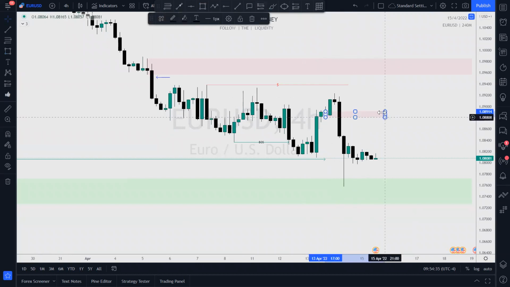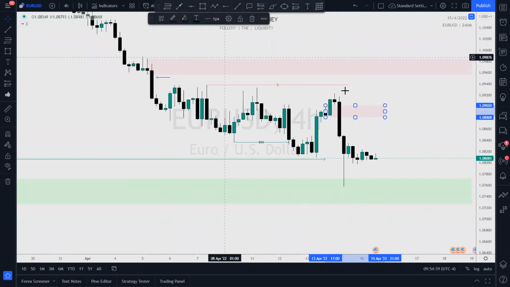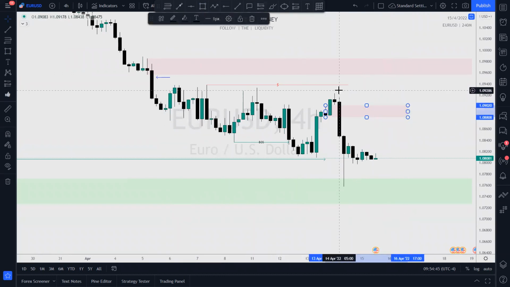So if price comes back up here, I'm looking for it to be a zone of supply, a bearish breaker. When price crashes through it like that, that's when you have to recognize that it just treated it as if it wasn't there, right?